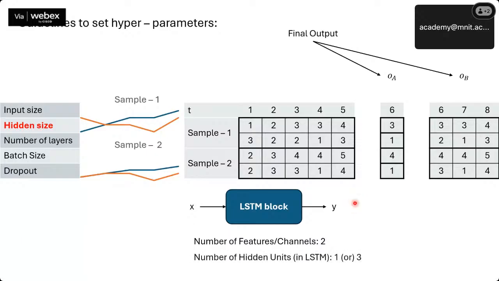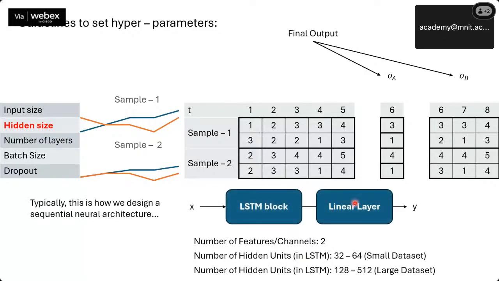If you have something like this, that's the configuration or the design of the architecture of your neural network. In that case, the LSTM block could have any number of hidden units that you want.